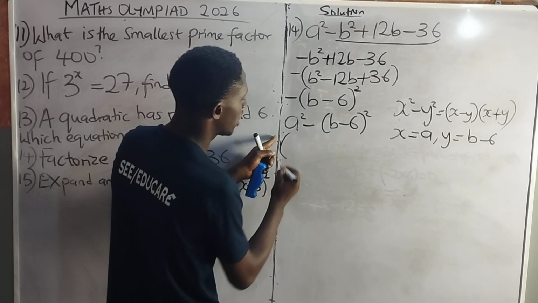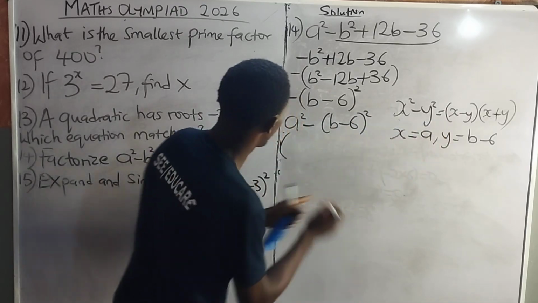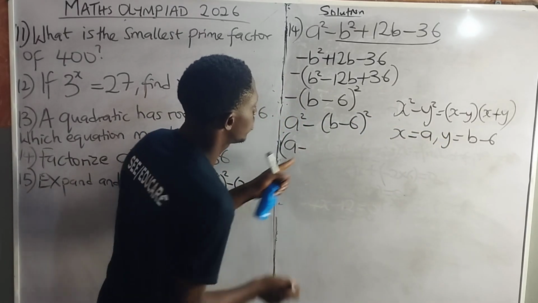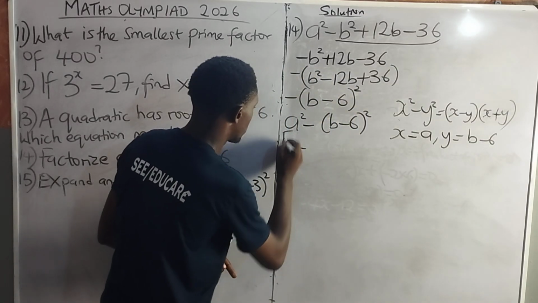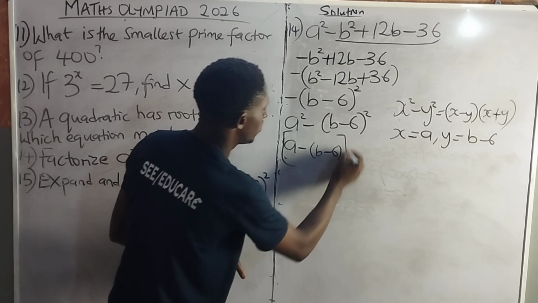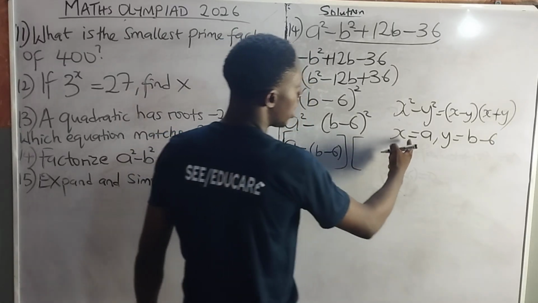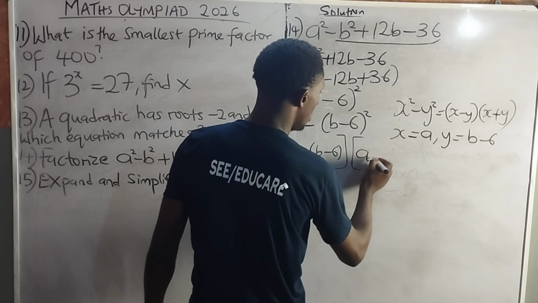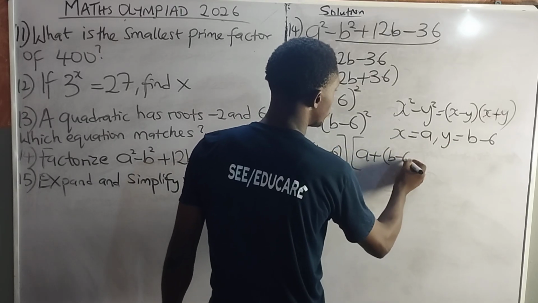So going by this, we have bracket, our x is a here. So we have a minus, our y is b minus 6, let me use a big bracket: b minus 6. You close it, then you close it with the big bracket. Then bracket open, our x is still a, plus, then the small bracket, our y is b minus 6.